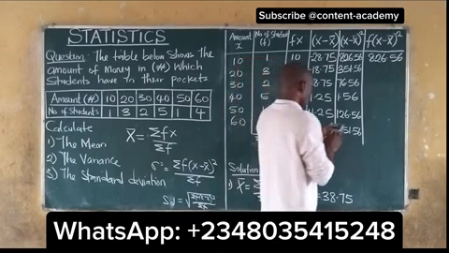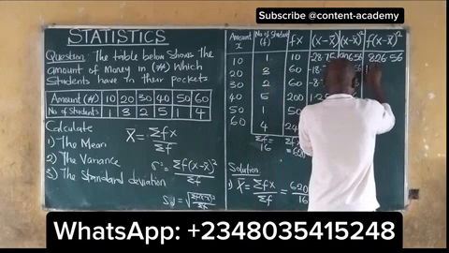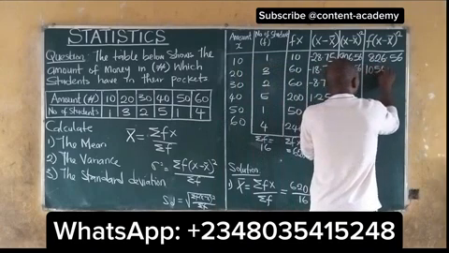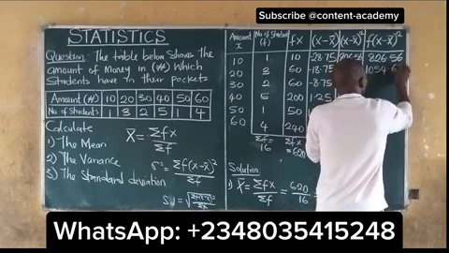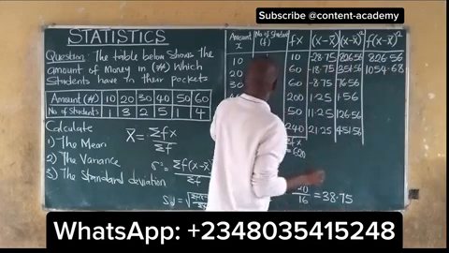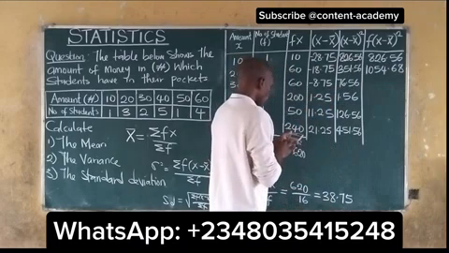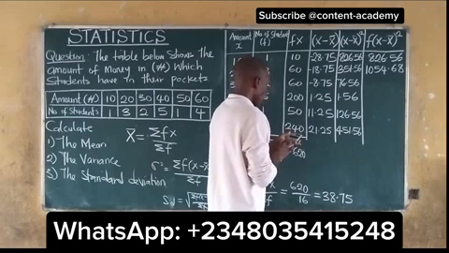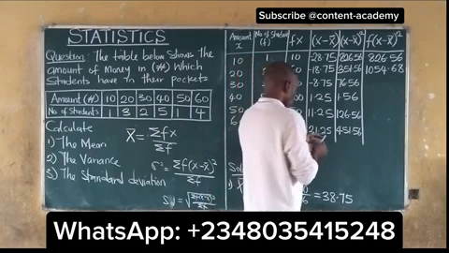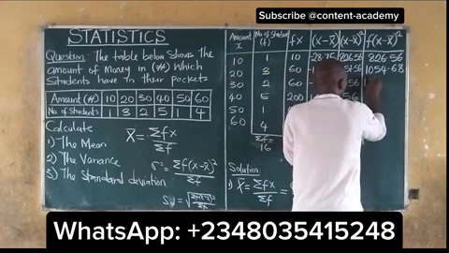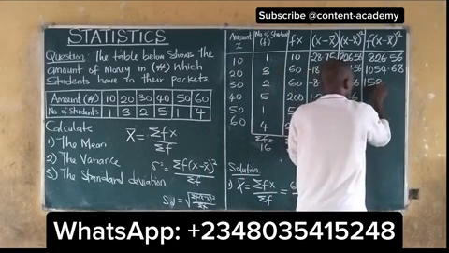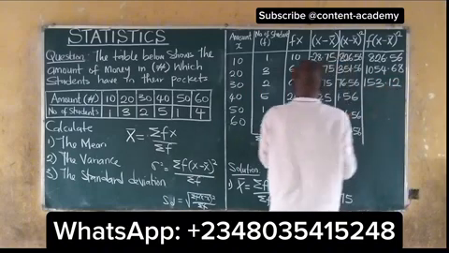3 multiplied by 351.56 is 1054.68. We have also 2 multiplied by 76.56, we have 153.12.